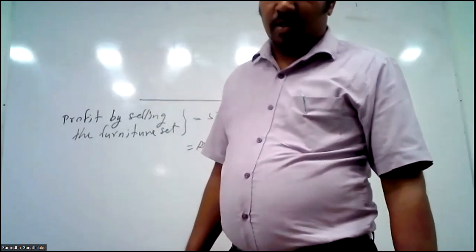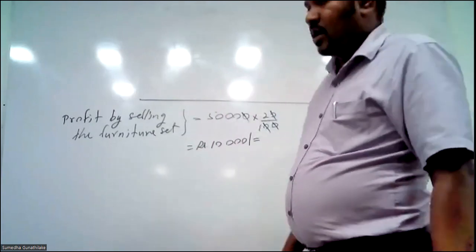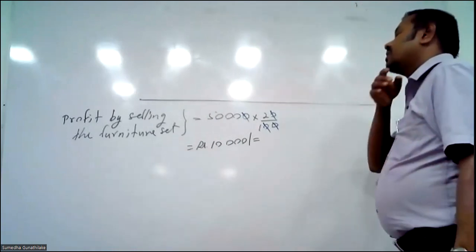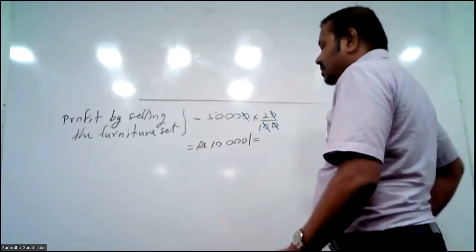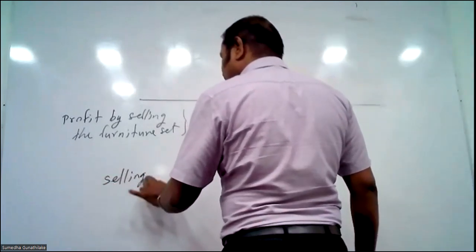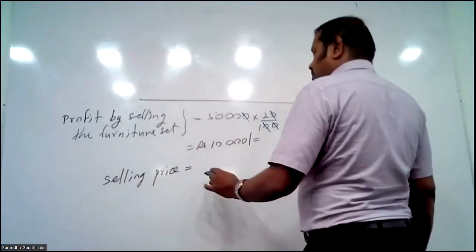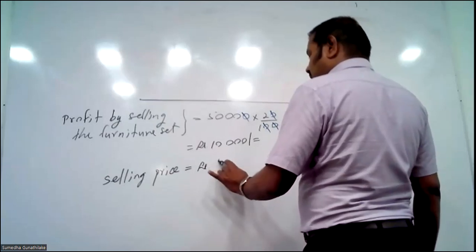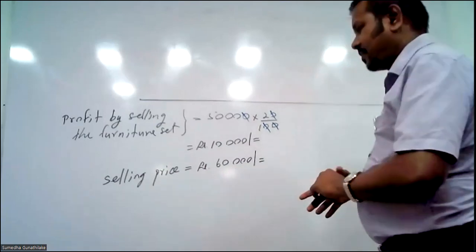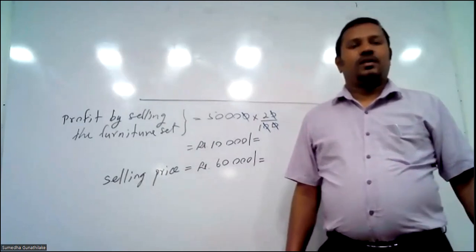He got released from the loan by paying loan and the interest after 2 months. 50,000 plus 10,000, that is 60,000 is the selling price of the furniture set, right?